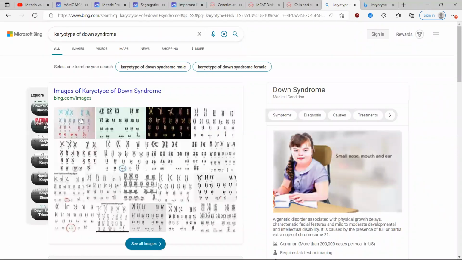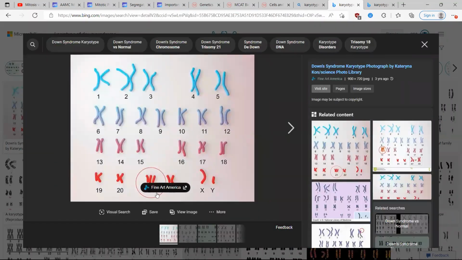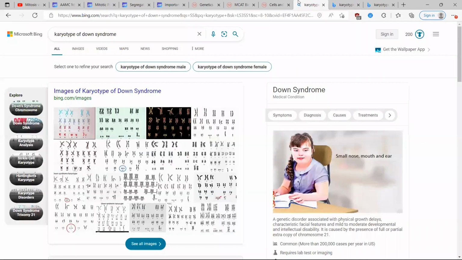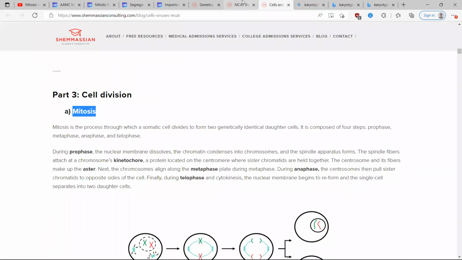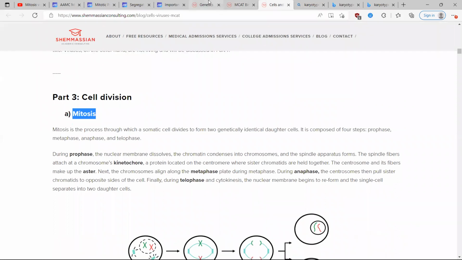So this one, Down syndrome, also called trisomy 21, is where you can see that you actually have three of these, right? You're not supposed to have more than two. If you have three of these, this causes an issue, right? So we can see how our karyotype is impacted and how that leads to genetic issues.